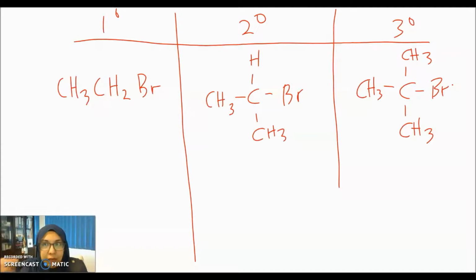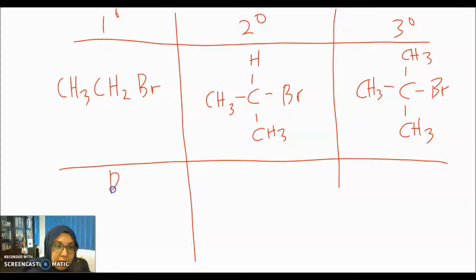For the purpose of alkyl halide especially, it is very important for you to be able to classify them into primary, secondary, and tertiary alkyl halide, because the differences in classification will result in different mechanisms that the alkyl halide will take part in. So to simplify, this is my way, apart from the theoretical definition.